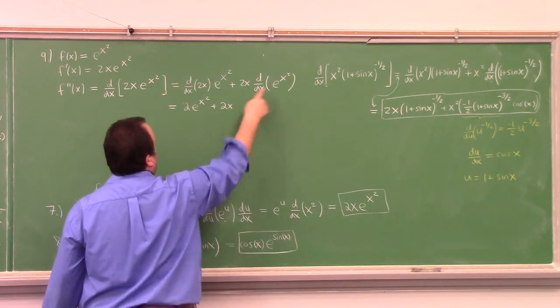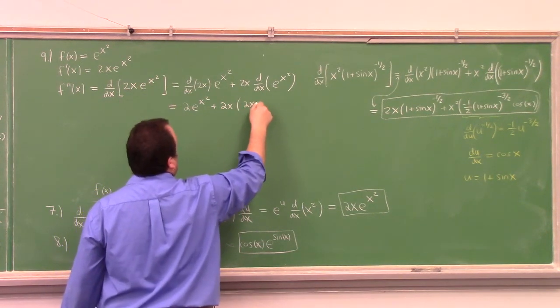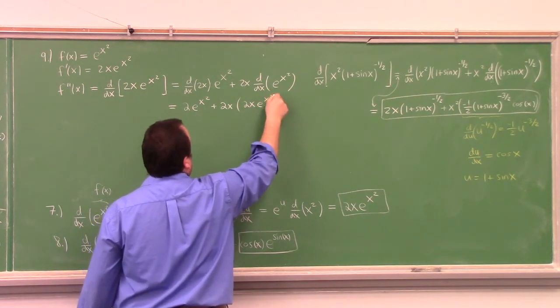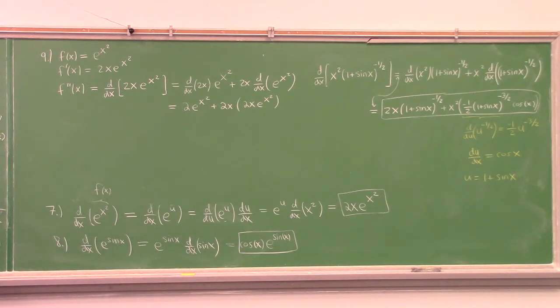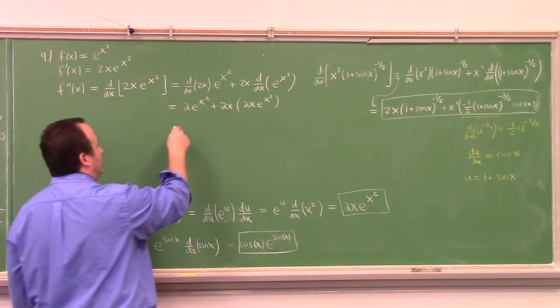We know that this piece works out to 2x e to the x squared by the chain rule. In fact, that was example 7, right? Yeah, we could simplify this, couldn't we?